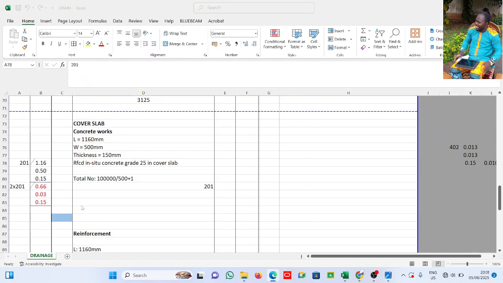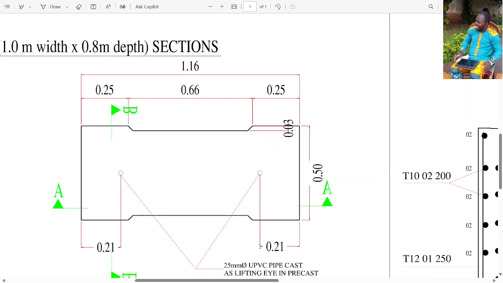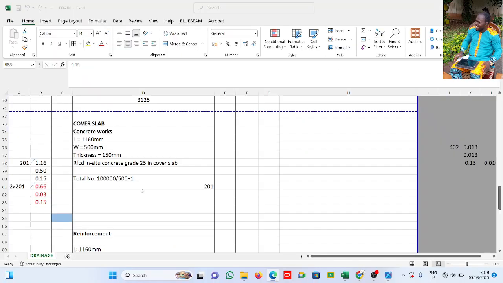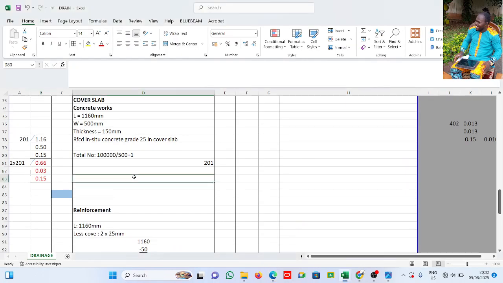Though it is small, by the time it becomes many, it becomes meaningful. So this is what we have: 0.6 by 0.3 by 0.15. That is the dimension, you can check it in the drawing. Then 0.66 by this by 150, which is the thickness. So I had to deduct it. I know somebody will point out that I did not deduct this one. You have to deduct it.